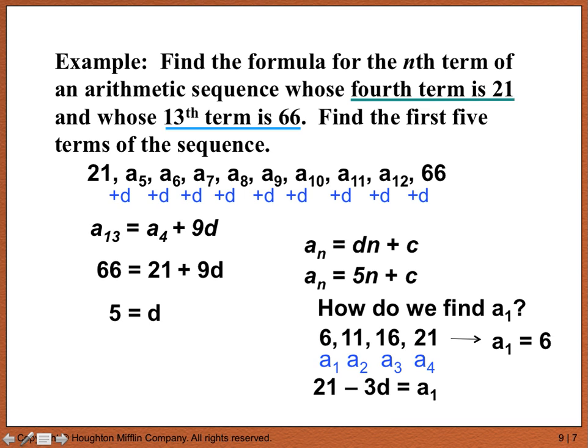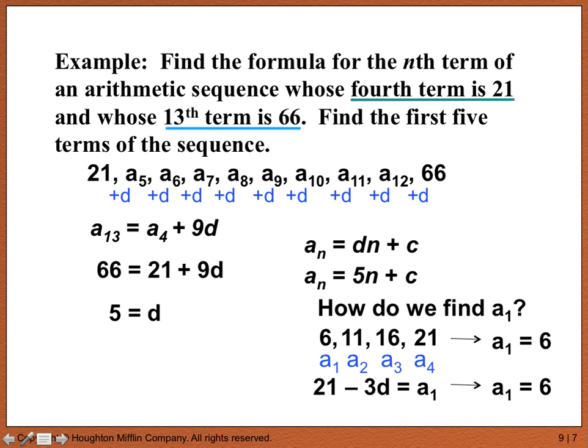Okay, so 21 minus 3d, that's where I get the 3. And I know that has to equal a1. And then using algebra 1, when I plug in 5 for d, I simply get a1 equals 6. Okay, because I know that d is 5. So 21 minus 3 times 5 is 21 minus 15, and that equals a sub 1, which is 6.